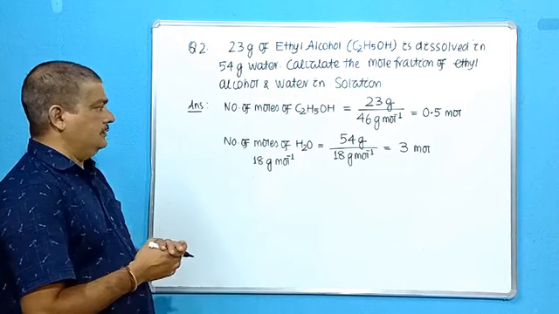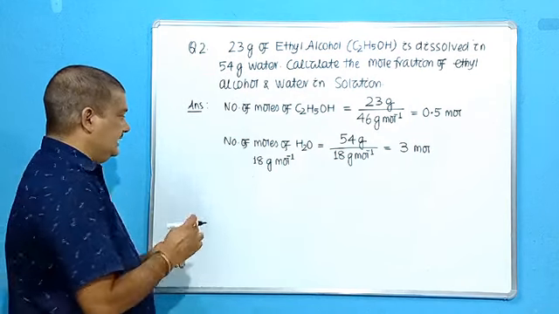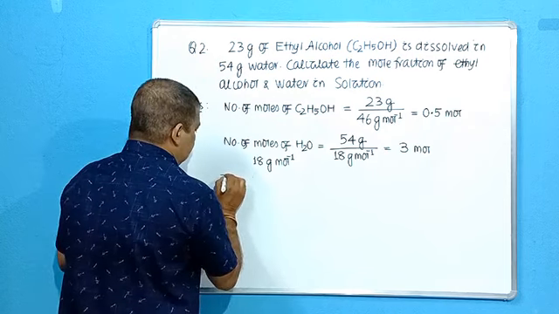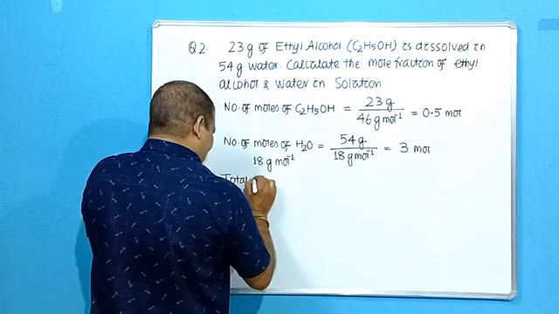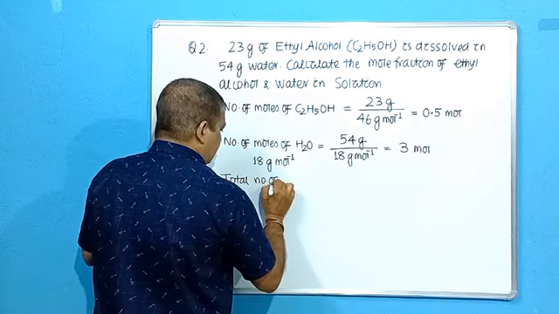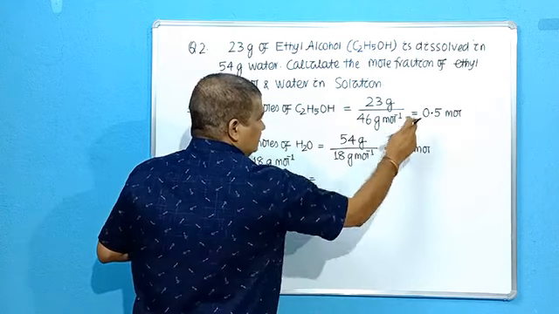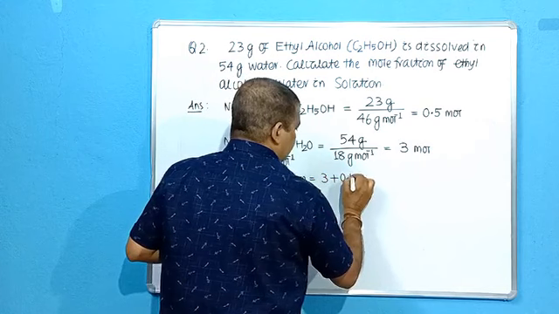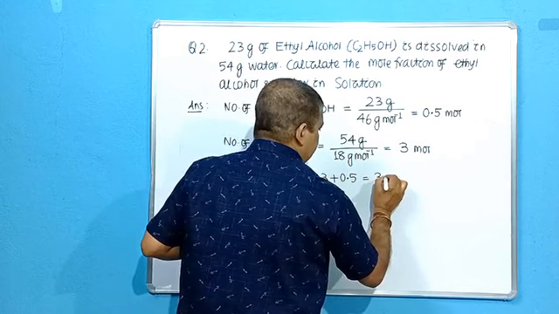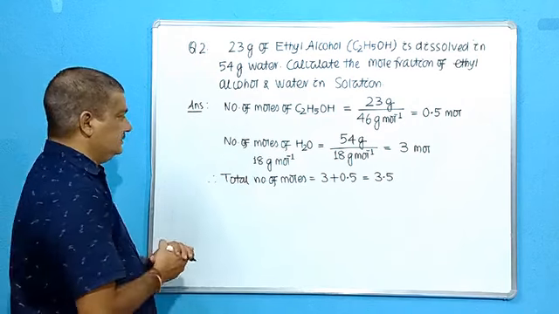So this is step 1. We have to calculate the number of moles of the components. Then we have to find out total number of moles. So next, total number of moles will be 3 plus 0.5, that is 3.5, the total number of moles present in the solution.